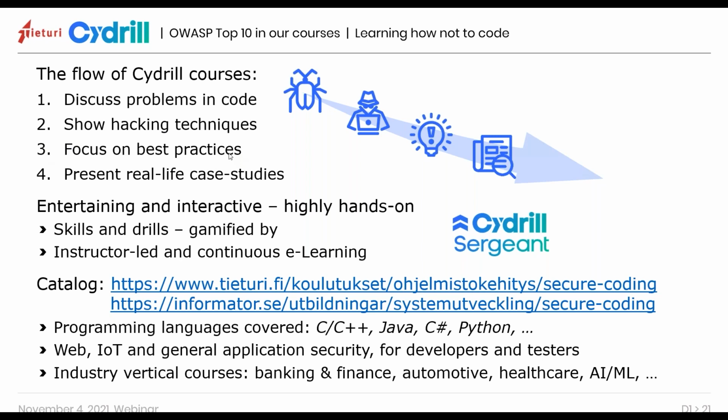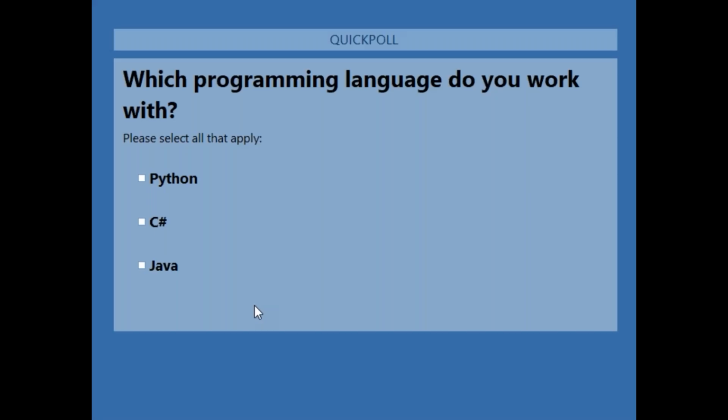And in most cases, we also have interactive lab exercises for that. And another important thing is to make sure that we anchor a lot of these problems to real life issues and not just problems that are, let's say, theoretical. It's very important to present real life case studies for this. And that is also something that we are doing.